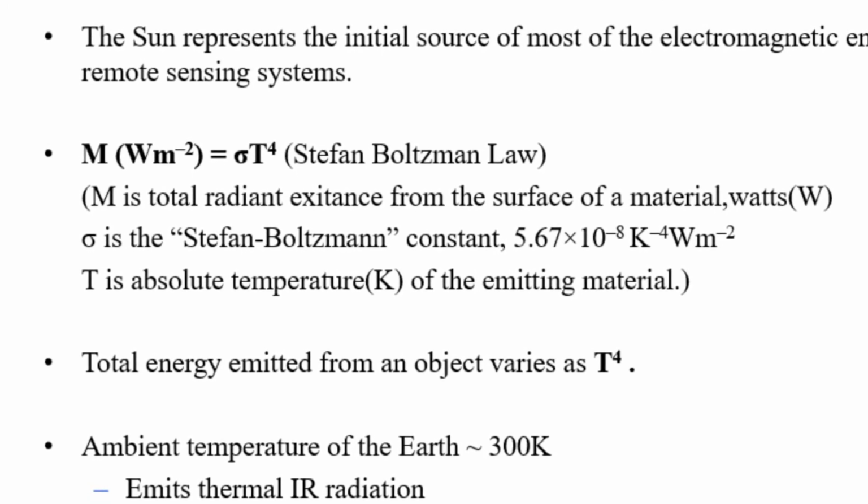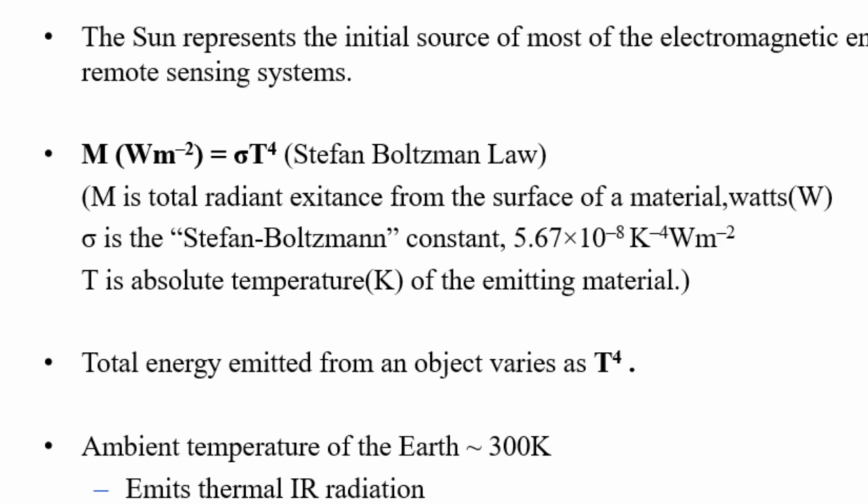It is the Stefan-Boltzmann law. M is the total radiant exitance from the source, sigma is the Stefan-Boltzmann constant, and T is the absolute temperature of the emitting material in Kelvin.